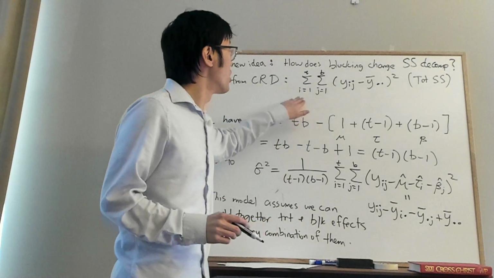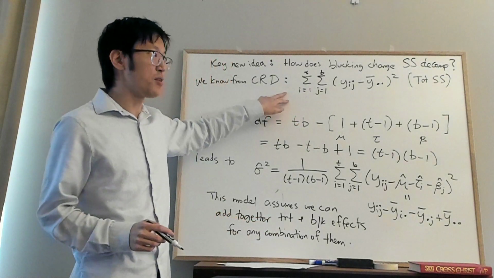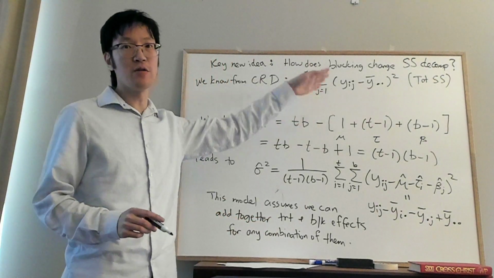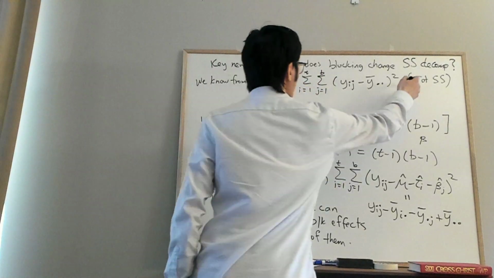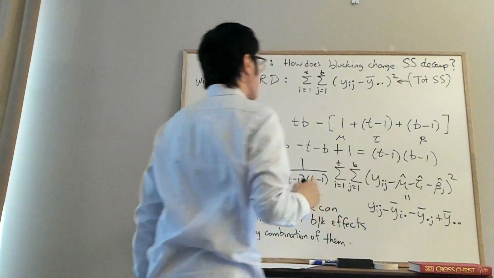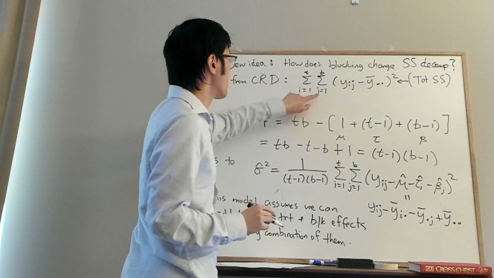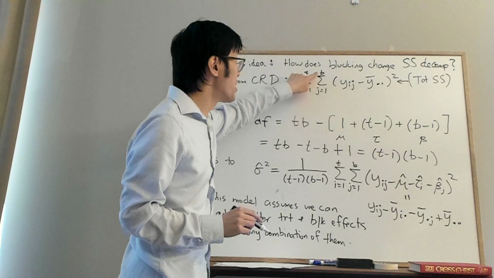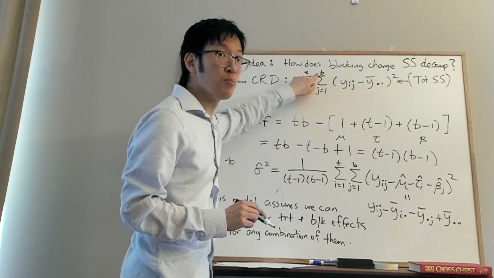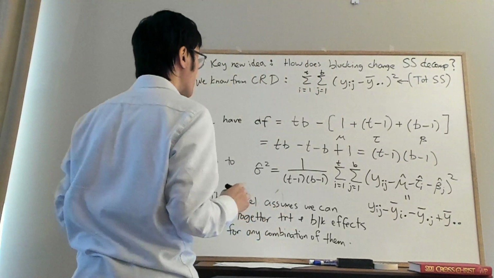In fact, it is 1 less than the sample size times the variance of all your data. So this is your total sum of squares. The only thing that looks different here is I'm summing to b instead of r, because we're using b for the number of blocks.